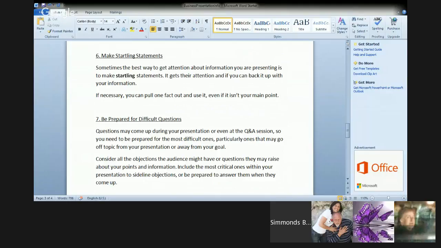Okay, so I'm not sure if you are able to hear me very well, but the word startling, what does that mean, the word startling? Maybe surprising? Very good. So startling is surprising.